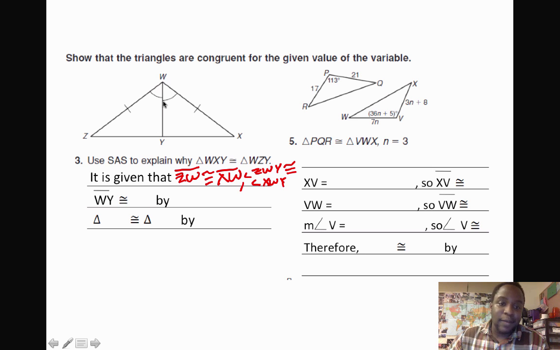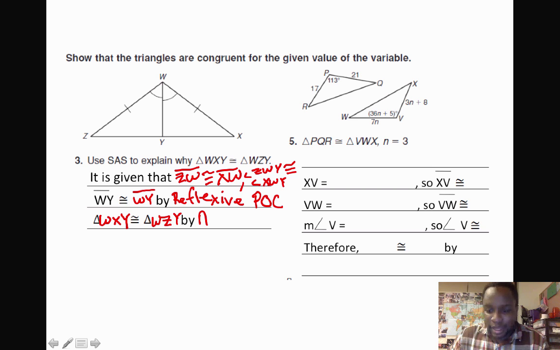And then segment WY is congruent to segment WY by the reflexive property of congruence. So therefore, triangle WXY is congruent to triangle WZY by side angle side.